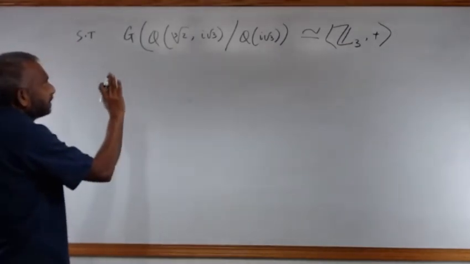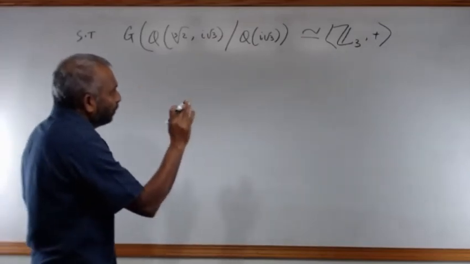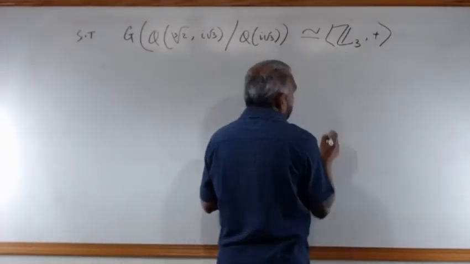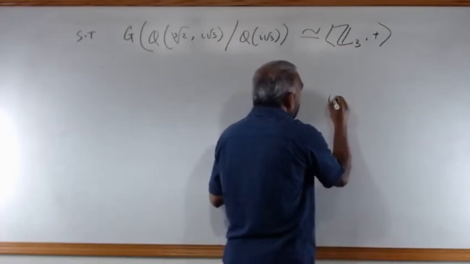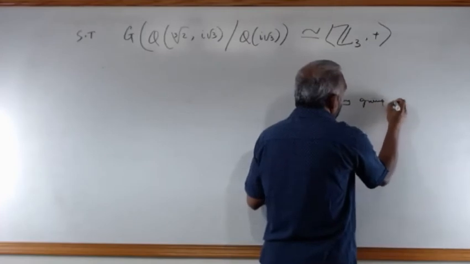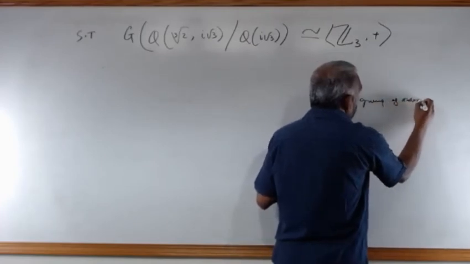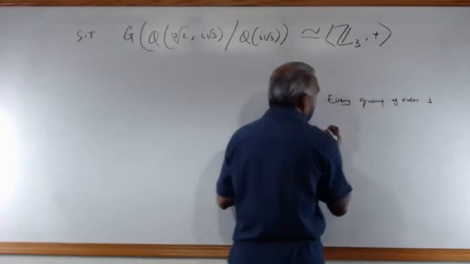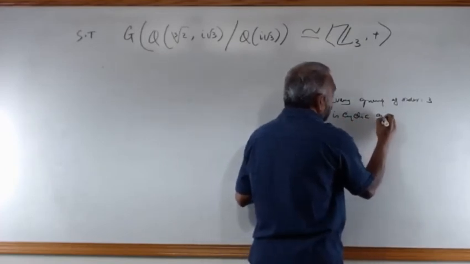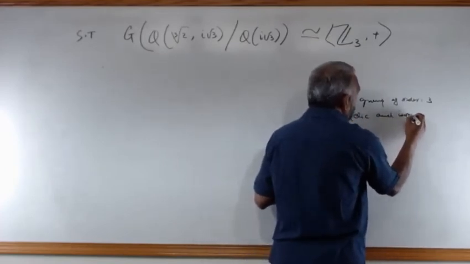This is a simple question if you use a result in group theory: every group of order 3 is cyclic and isomorphic to Z3.